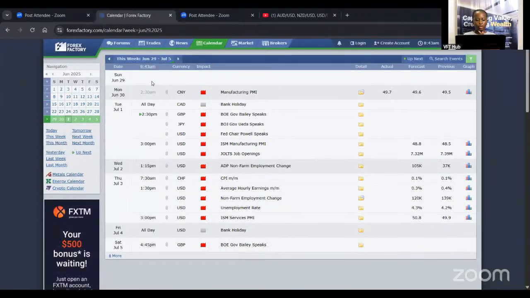We have a couple. On Canadian dollar, it's bank holiday. So if USD CAD is going to move, it's going to be more of a dollar move than a Canadian move. Then we have another one coming out by 2:30 p.m. first. Fed chair Powell speaks, and then by 3 p.m., JOLTS job openings and ISM manufacturing PMI. Keep an eye out on these as well, so you're not taken off guard.